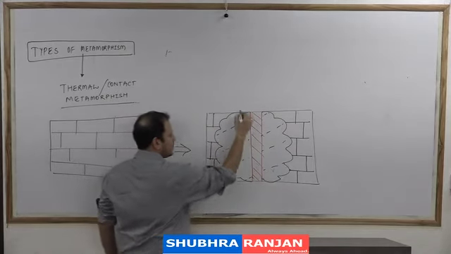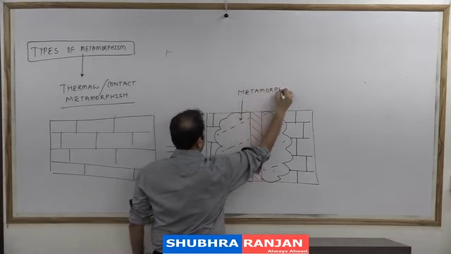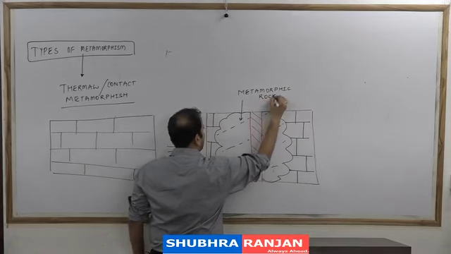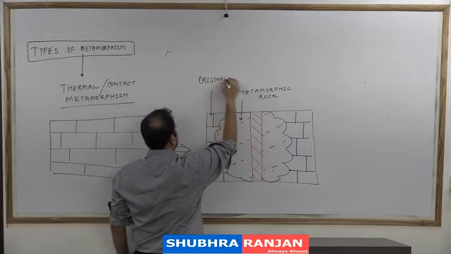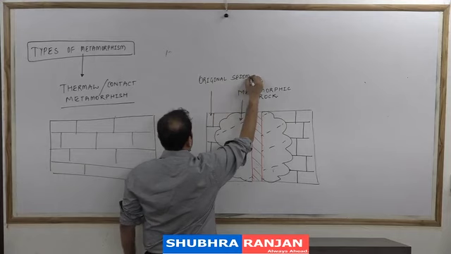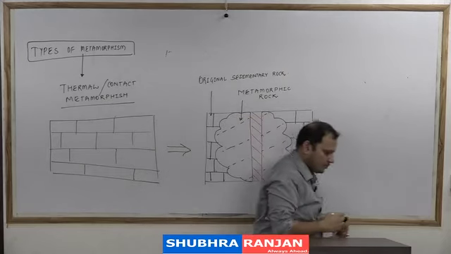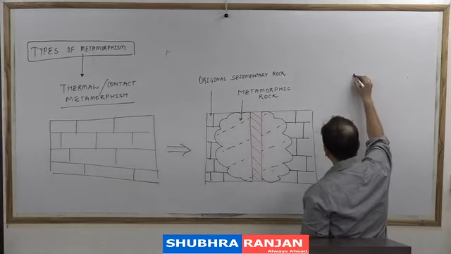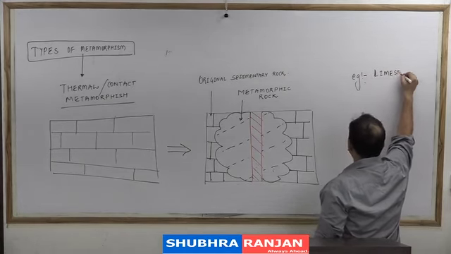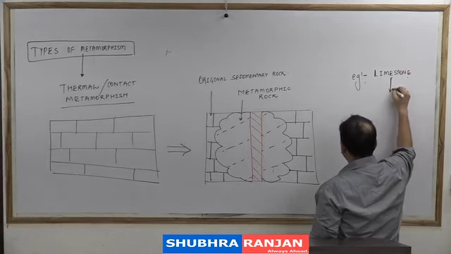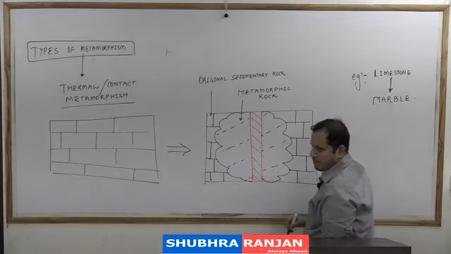This is a foliation. And the best example is limestone is converted to marble.